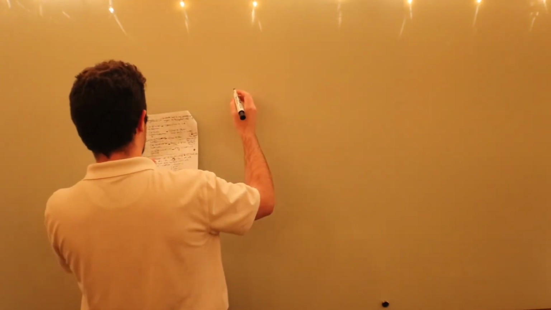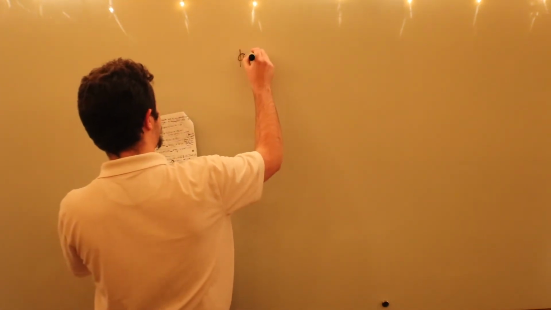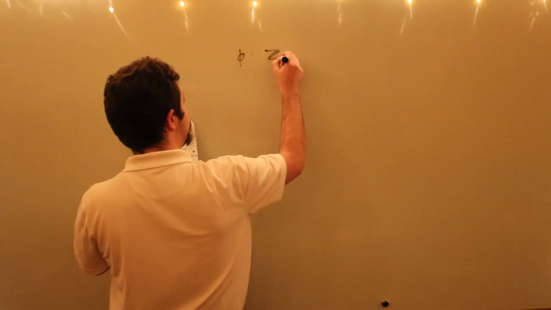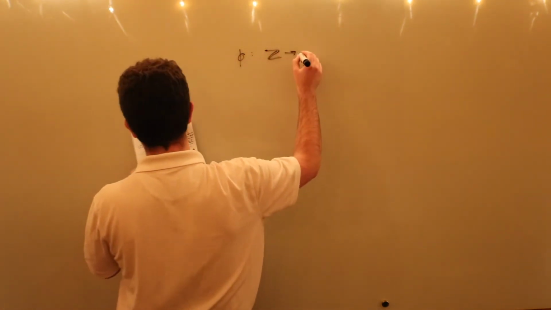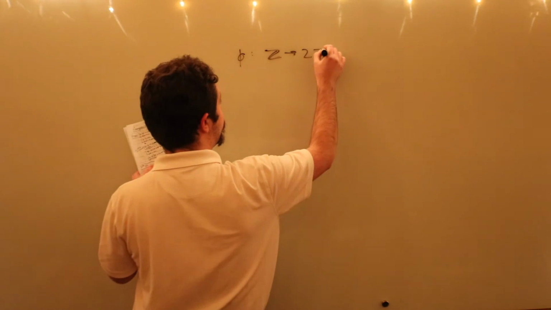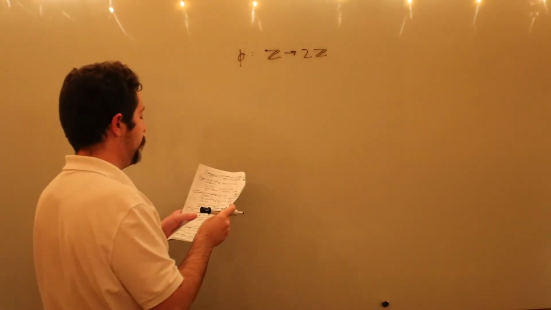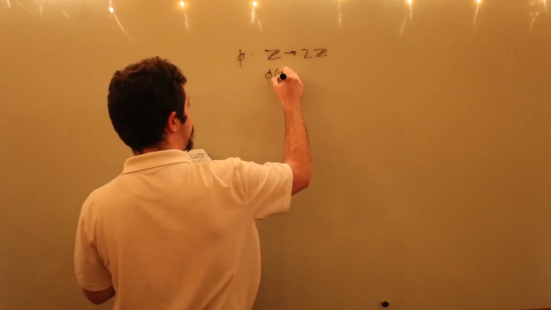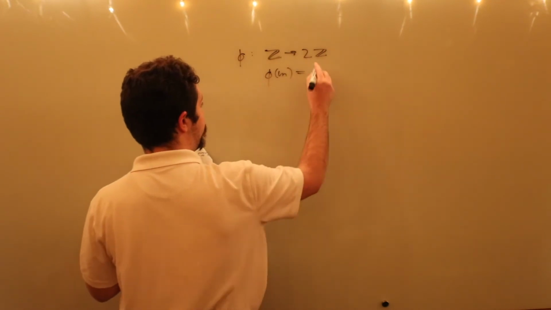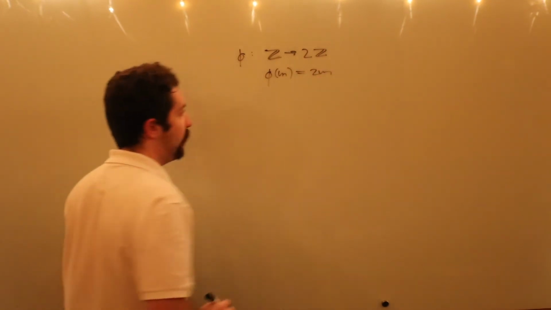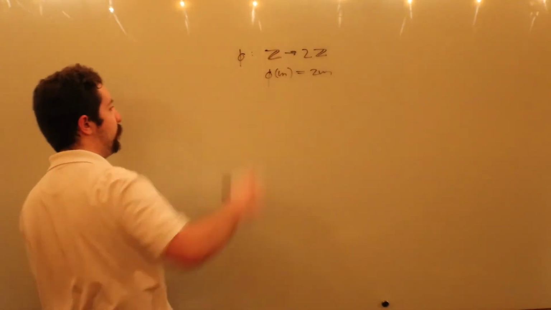We gave an example at one time of a homomorphism from the additive integers to the additive even integers. And we specifically called it phi of m is equal to 2m, right, for all m in this domain.